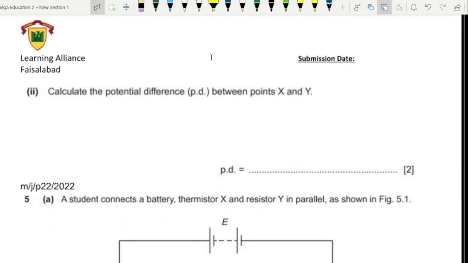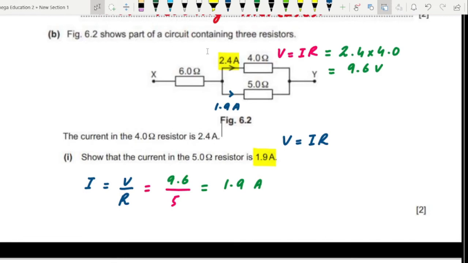All right, moving on to the next part. Calculate the potential difference (P.D.) between the points X and Y. In order to find the potential difference between points X and Y, all you need is the total current passing between these 2 points and the total resistance between these 2 points.